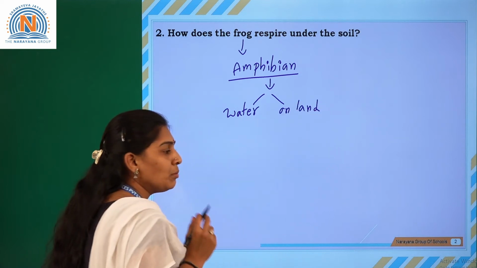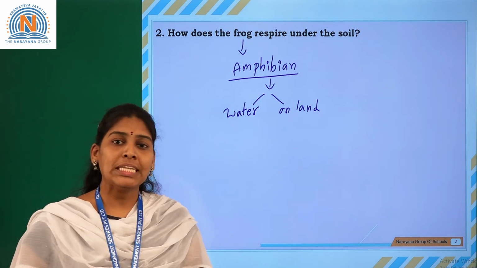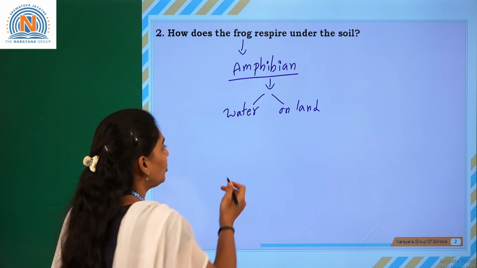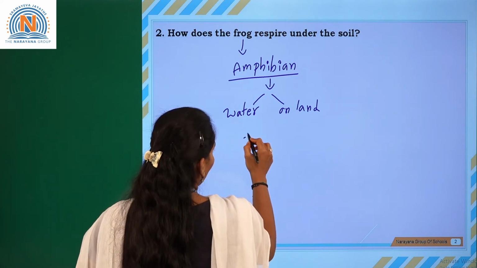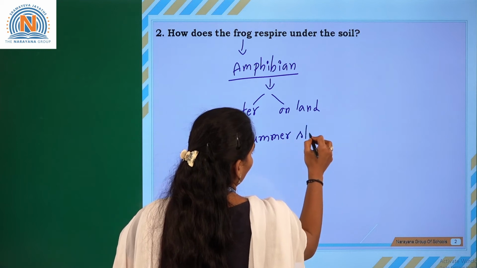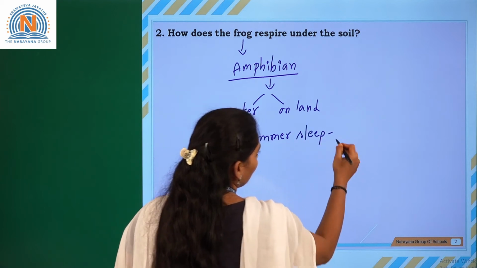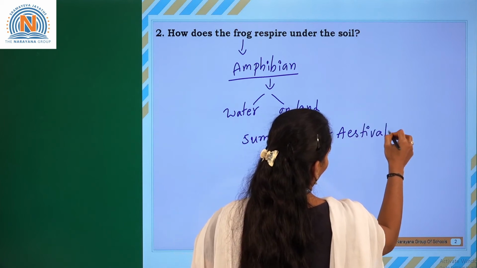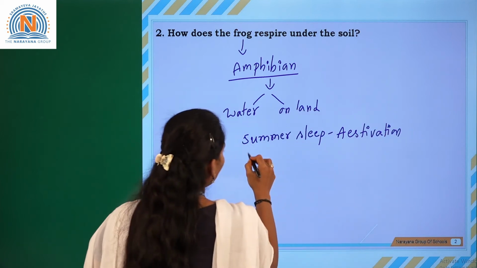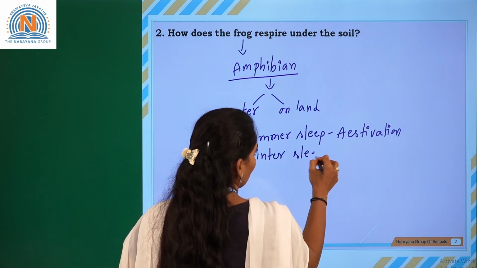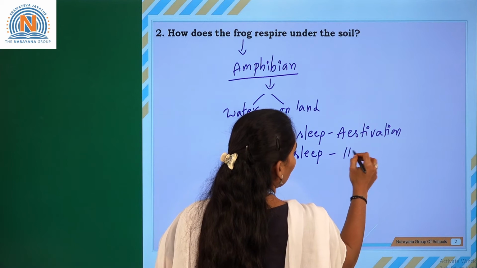This animal sleeps during two periods called estivation and hibernation. Summer sleep is estivation, and winter sleep is called hibernation.